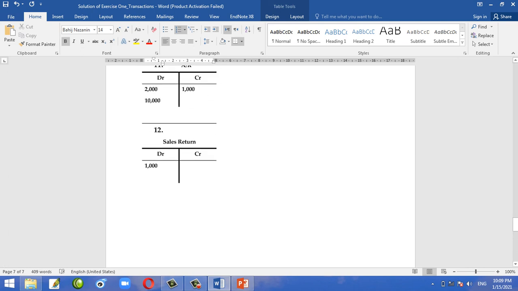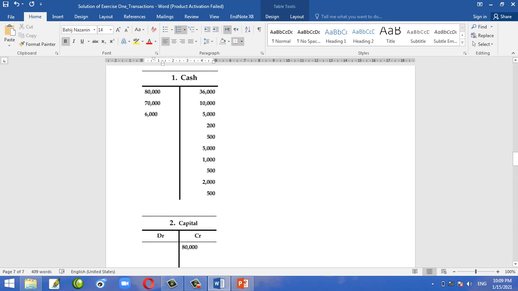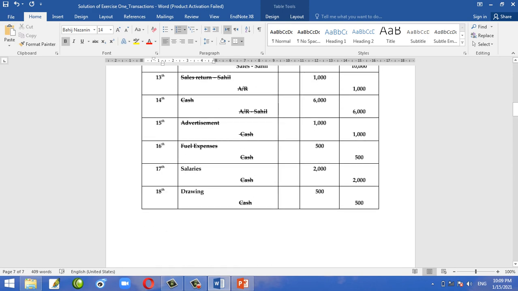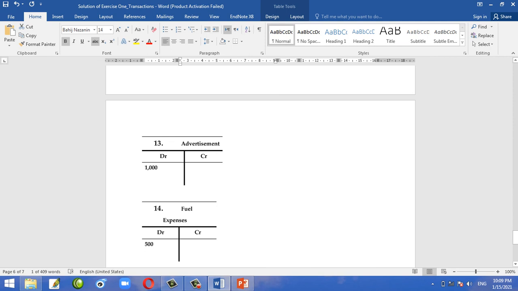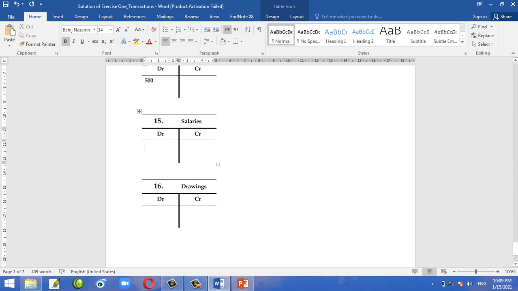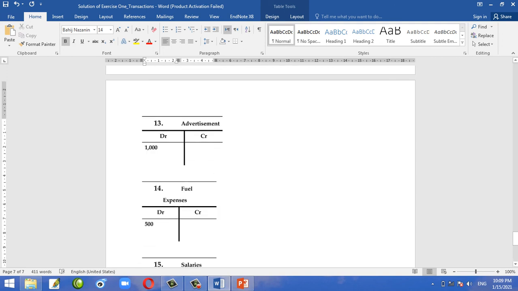So now come to the salaries: we have 2000 Afghanis as debit for salaries, and 500 as debit for drawings.